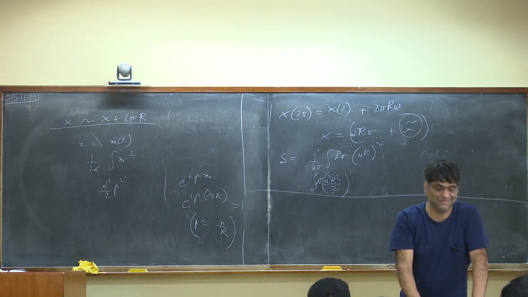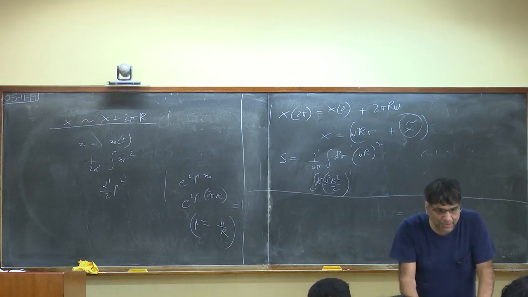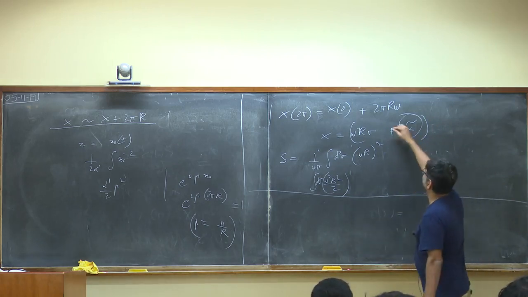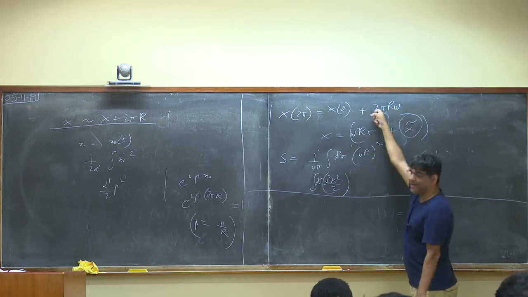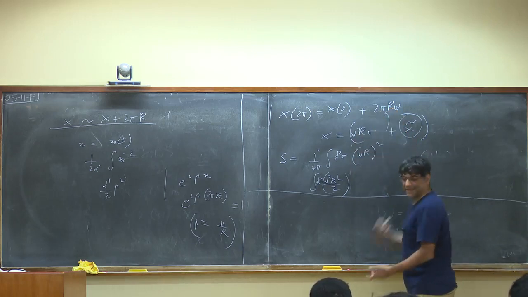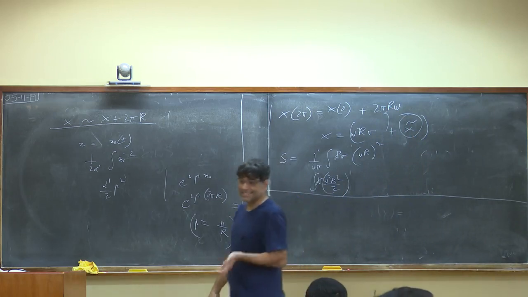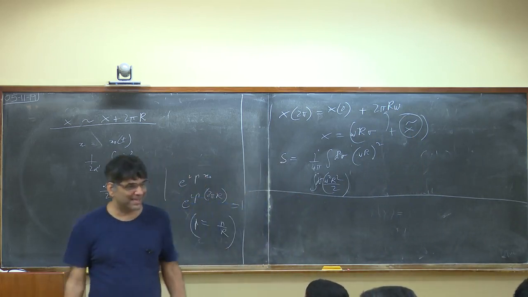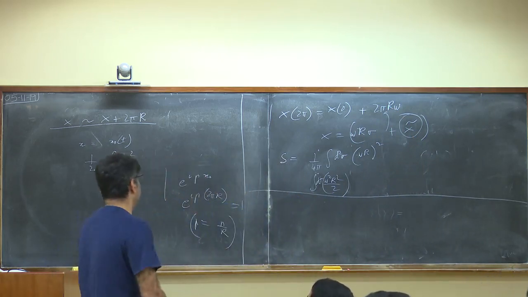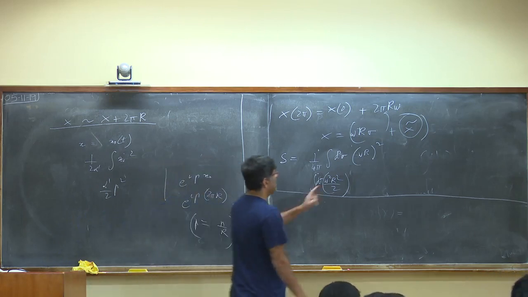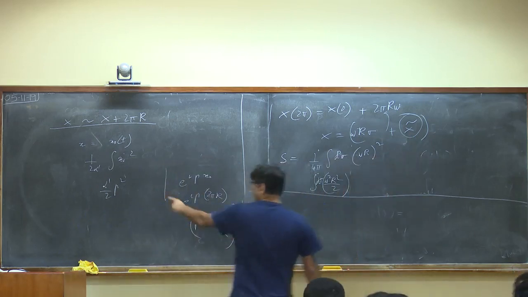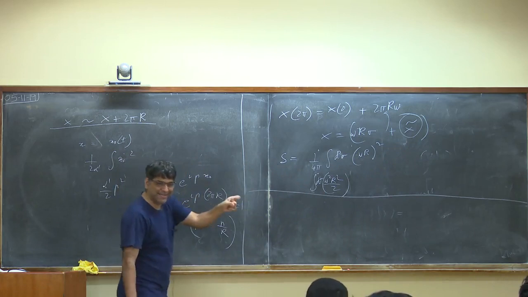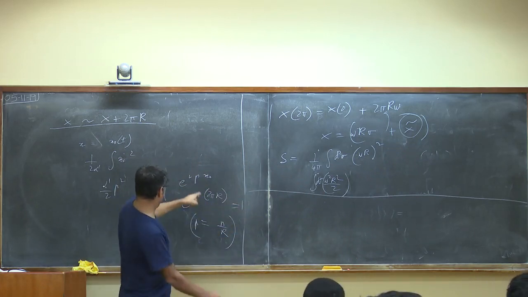X has to, sorry, x tilde has to obey the boundary condition here, but this already obeys that boundary condition. Therefore, x tilde is periodic. So x tilde is quantized just like oscillators, just like a periodic scalar, but it continues to have its zero mode identified in this way.